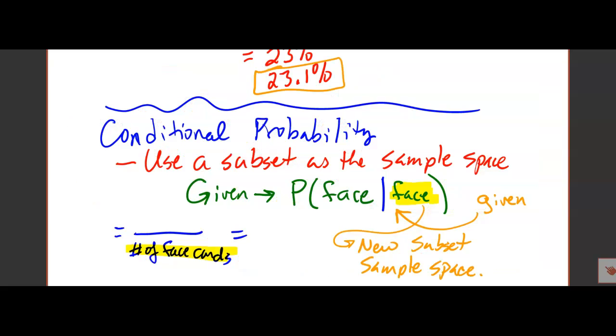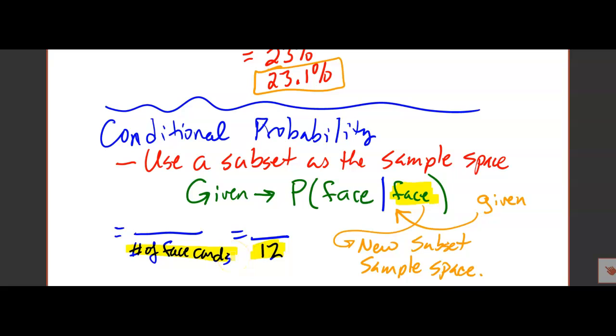So we are changing the sample space. We're not using the entire deck anymore. Now we're only using face cards. So I've handed you a smaller stack of cards, and these are the only cards you have in your hands. So how many cards are in the new space? Well, that's 12. So I'm choosing out of 12 cards.